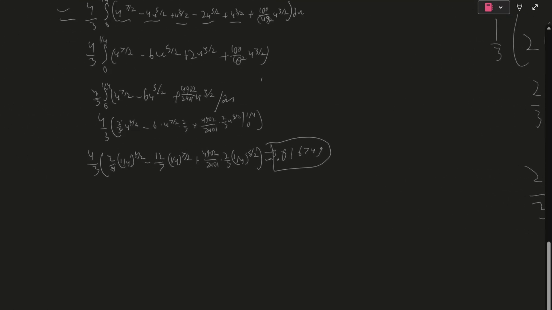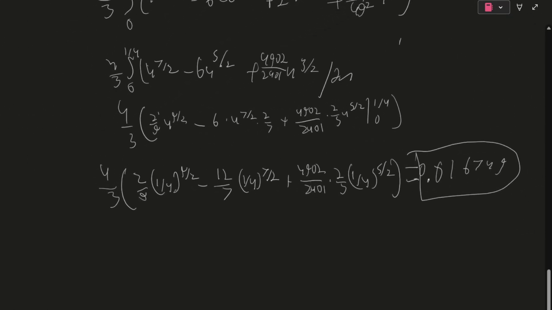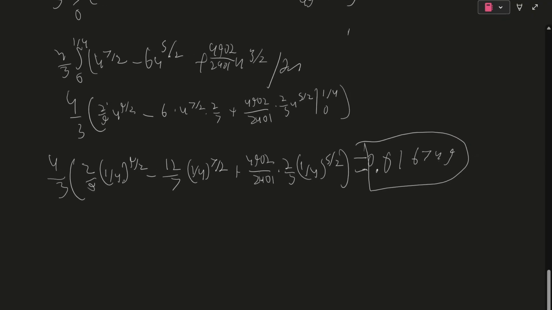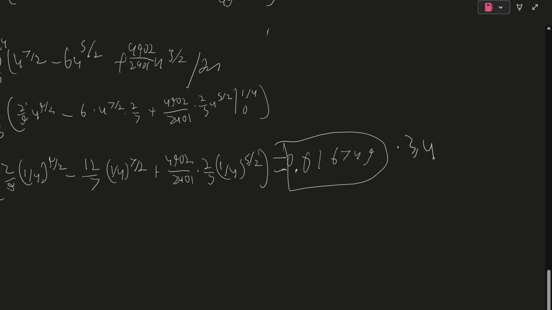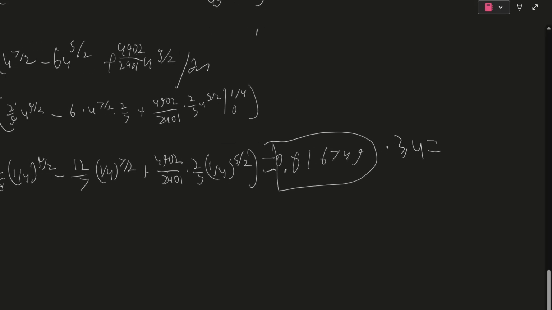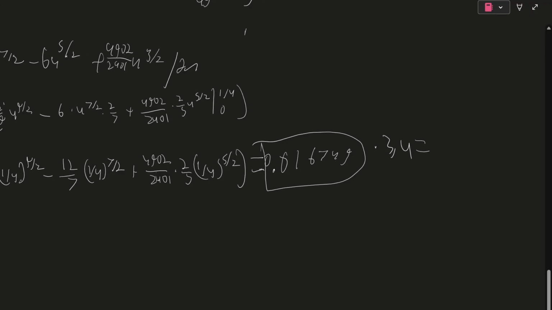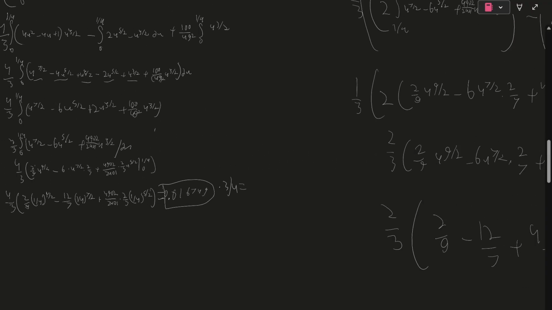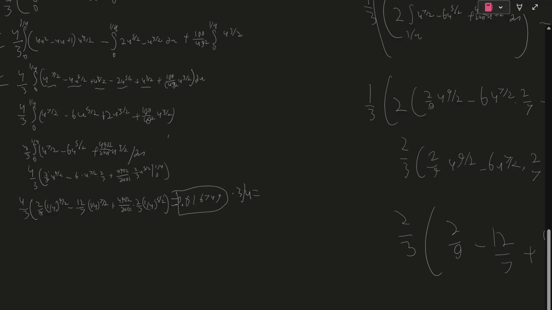And keep in mind, we already solved for this last time, because our whole entire value was just our 1/4 value multiplied by 4/3. So if we multiply this value by 3/4, it is equal to our direct integration value. So we're going to do a little shortcut and do that.